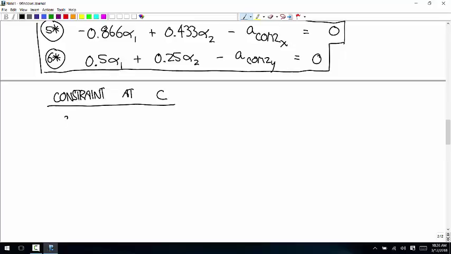We're not putting any restrictions on the x component. That's what we're trying to calculate.